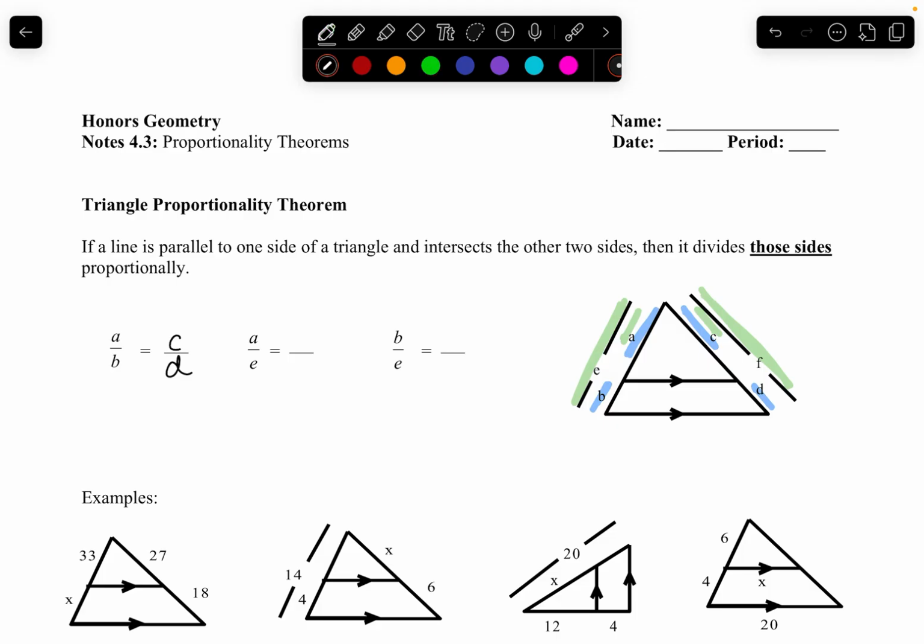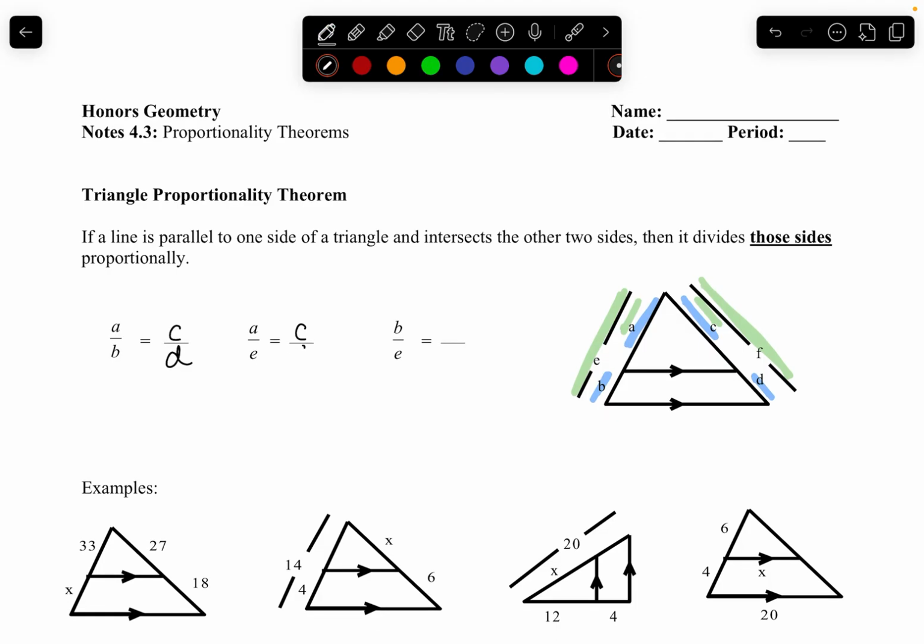So we've got C over F. And then we've got B, so the little part, B over E will equal D over F.